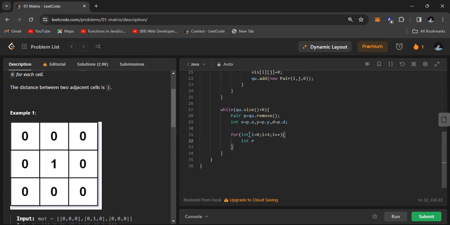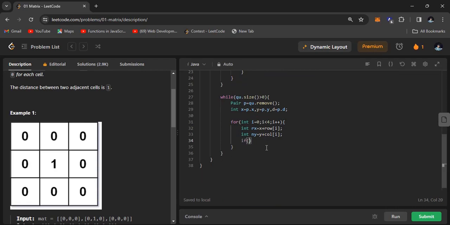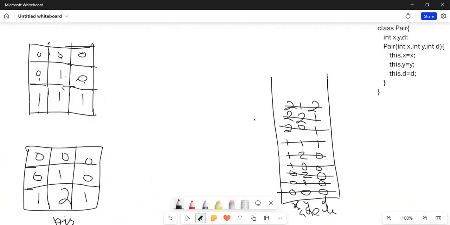Okay, so new x will be x plus row of I, and new y will be what? y plus column of I. Okay, and when you call it, you call only if the new x and new y should not go out of the grid, and also the cell value is 1.